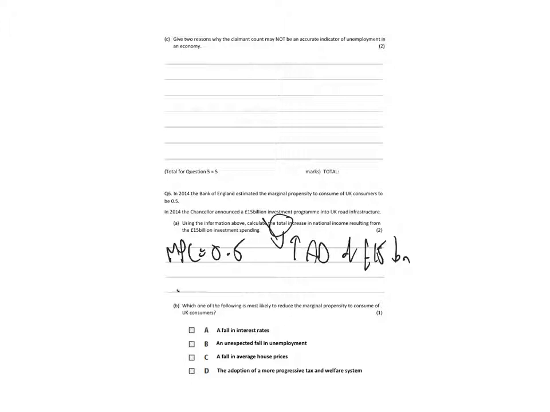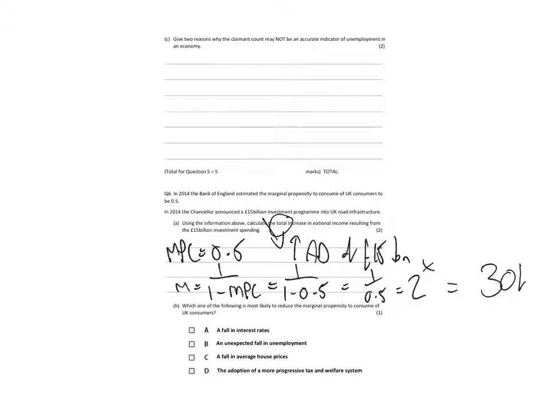If you recall from your C block notes, the multiplier is calculated by 1 over 1 minus the MPC value. So 1 over 1 minus 0.5, 1 over 0.5, gives us a multiplier value of 2, which means that the total change to aggregate demand or national income, once we take into account the multiplier process, will be £30 billion.